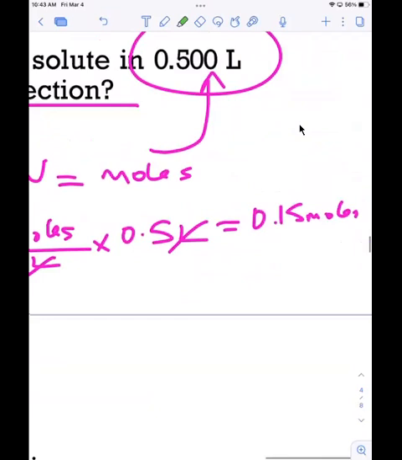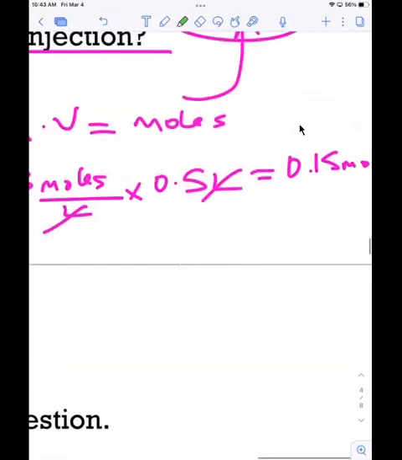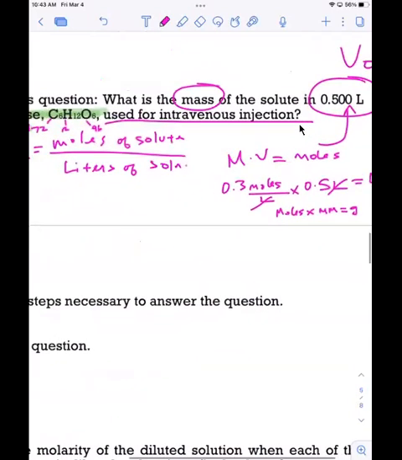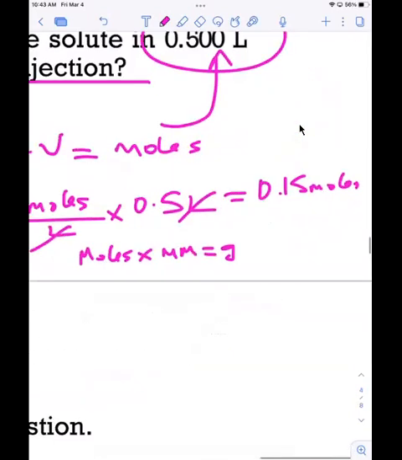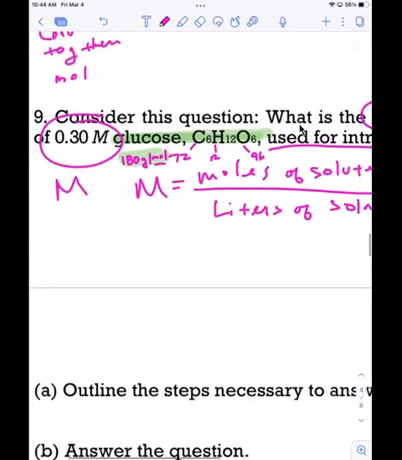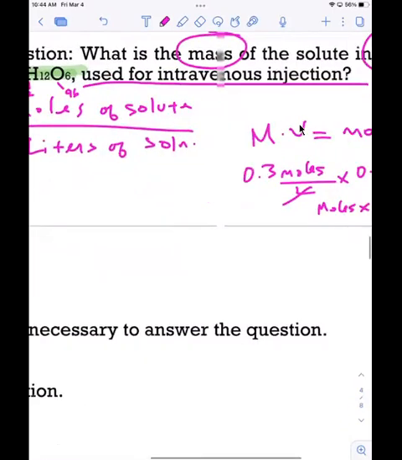Right? Once we get this number, what do we do? Take the moles and multiply it, because we know the relationship: moles times molar mass equals grams. So we found the moles first. We found the molar mass. And then third, we're going to take that.